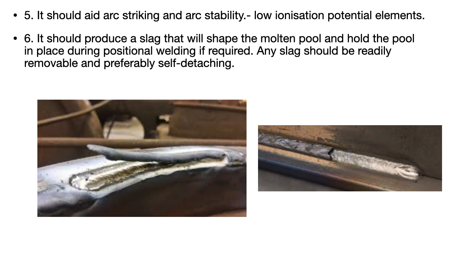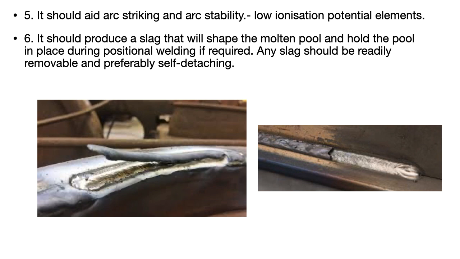One of the main important functions of the fluxes which are added in the electrodes is that it shall establish an arc. At the same time, it shall make sure that the arc is stable in nature. The arc shall not be erratic. If an erratic arc is produced, we cannot control the weld which is being done, because the arc will wander here and there.